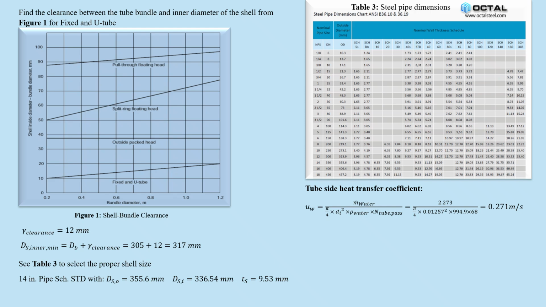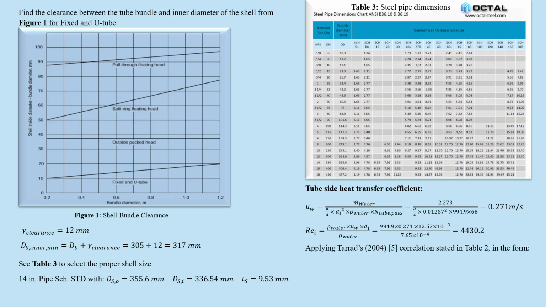Now let us go to estimate the heat transfer coefficient on the tube side with the aid of water velocity, which equals 0.271 meter per second. We may estimate Reynolds number to be 4,430.2. And with the aid of Tarrad's correlation as shown in table 2 in the next slide, we may estimate Nusselt number to be 0.02, Reynolds number to power 0.8, Prandtl number to power 0.5.